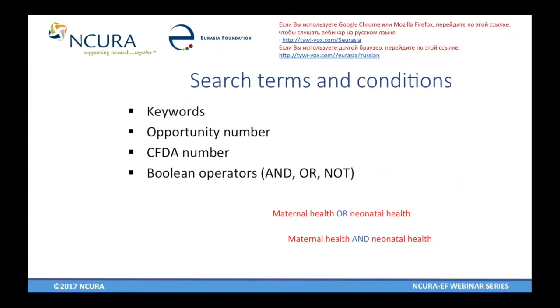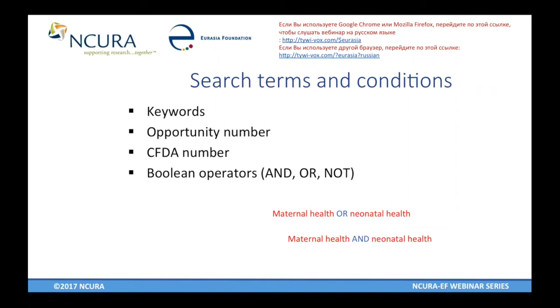While you can search many of these databases using your own keywords, it's better to access the list of words that populate the database, so you are searching using their keywords. If you know a funding opportunity number or a CFDA number, you can search using those numbers. However, we don't often know those numbers.